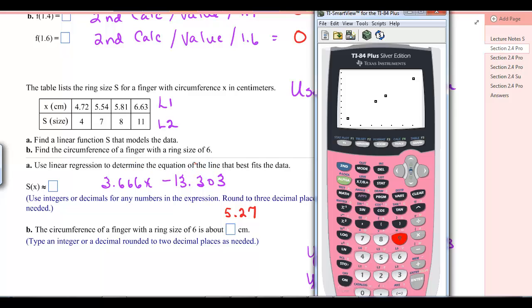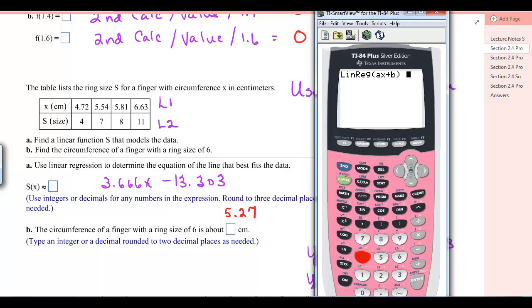All right, so we want to use linear regression to determine the equation of best fit. So we're going to go back to stat, over to calc. And we're going to choose linear regression, number 4. All right, so we've got that there.